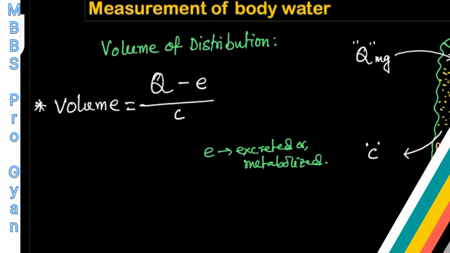Because they are already excreted, they will not come into the picture. So I am subtracting that amount from the total amount. So total amount minus excreted or metabolized, upon your concentration, that is the volume of distribution.